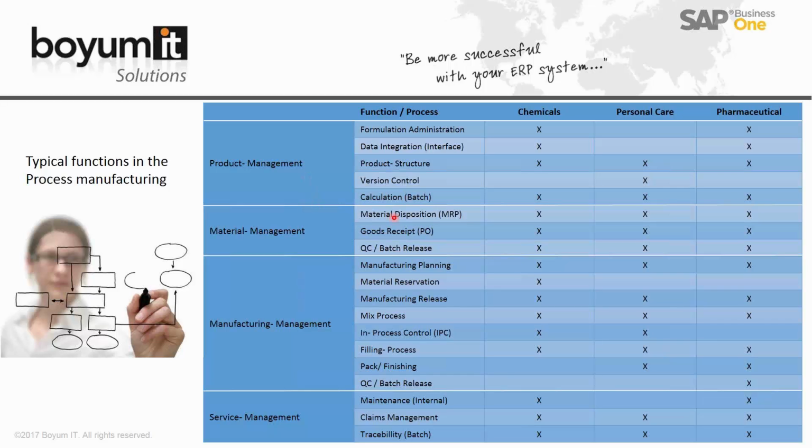In material management, we have three functions, three processes. We have, of course, always MRP. You know MRP. Normally people use MRP and will purchase, for example, based on the MRP run. We have here the goods receipt PO. This is something you can use in Beas, for example.